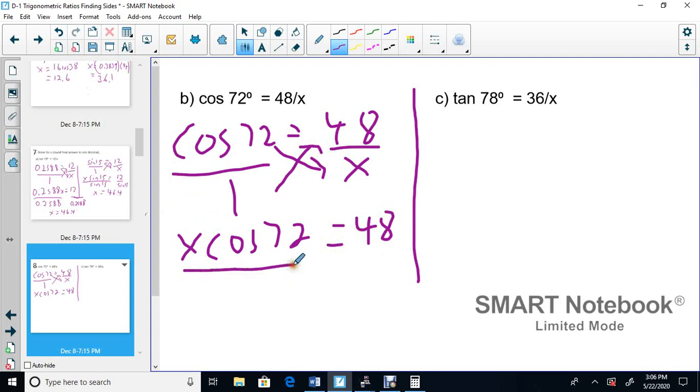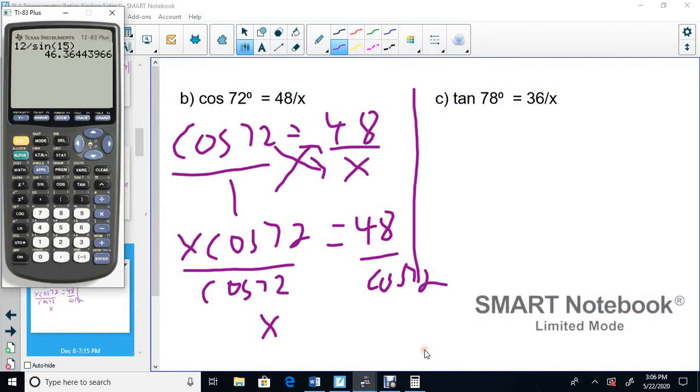Then we divide both sides by cos 72, and then we go to our calculator. We clear everything. 48 divided by cos 72, close the bracket. We get 155.3.